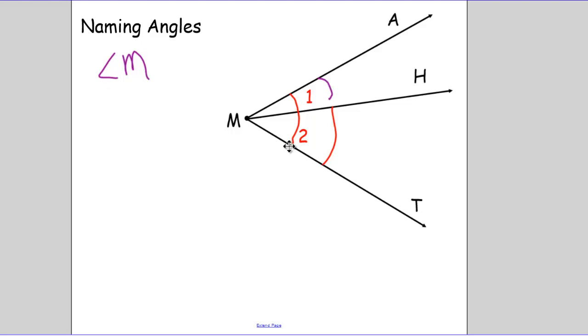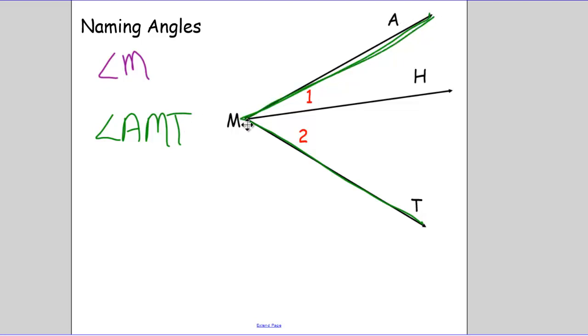So since I have more than one angle that intersects at M, I need to name these angles a few different ways. To name the whole big angle, you would name it angle AMT. That's the whole big angle. Again, we're never just going to name it by one letter unless there's only one angle in our picture.